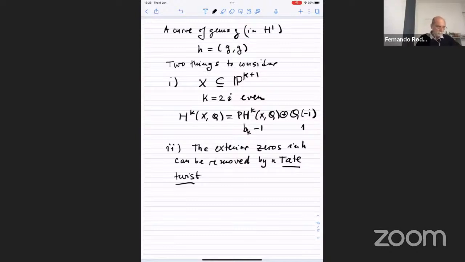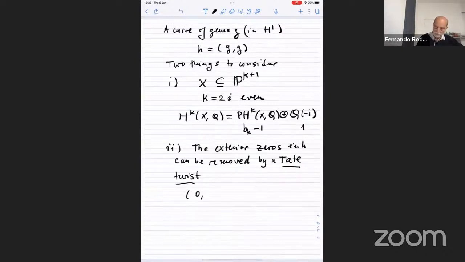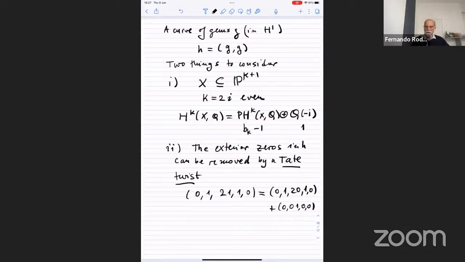So for example, in this cubic fourfold, there is a one-dimensional piece that comes from this decomposition. So we can take away this one that comes from the extra one-dimensional factor, from the fact that you can intersect a variety with a hyperplane.